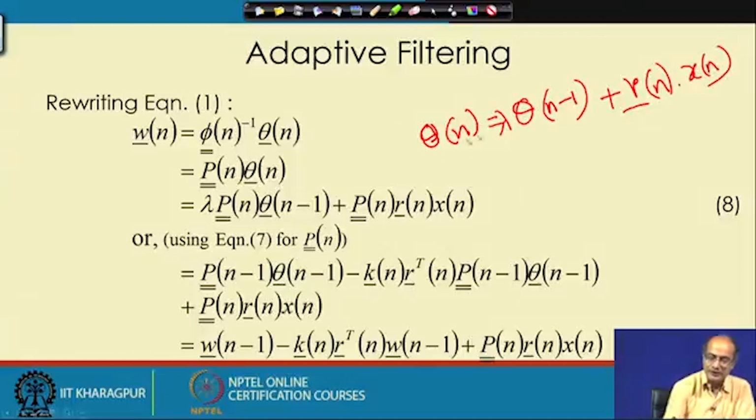So using that, we have expanded it in this way, and now in the next step what we do, we actually replace Pn, okay, the Pn in terms of Pn minus 1 and the other term with Kn. So we put that.